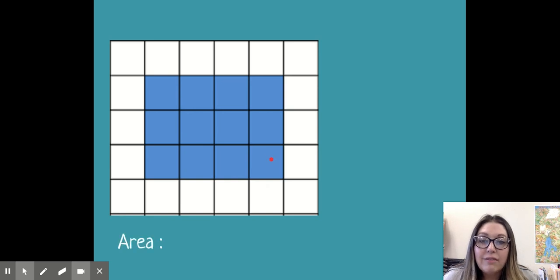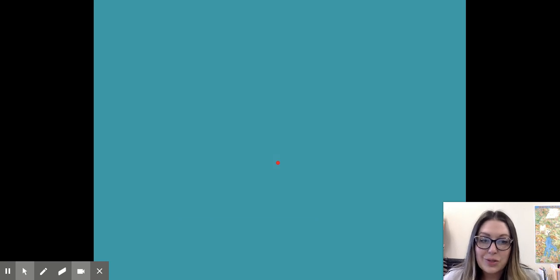So the area of this rectangle would be 12 units squared. That little tiny 2 next to the units shows that the units that we're counting are actual squares. If each one of those squares was a centimeter, our label would be 12 centimeters squared, with that little 2 next to it, okay?